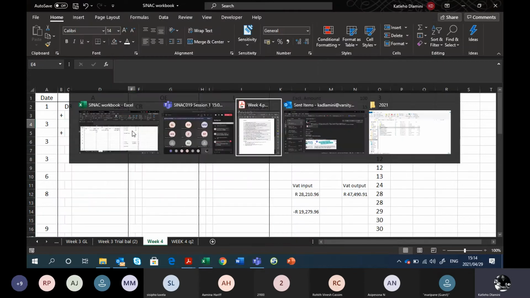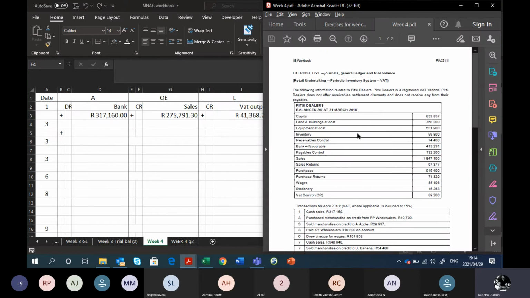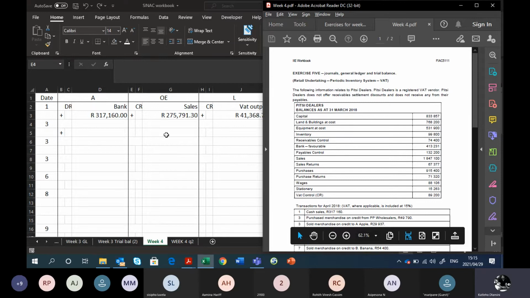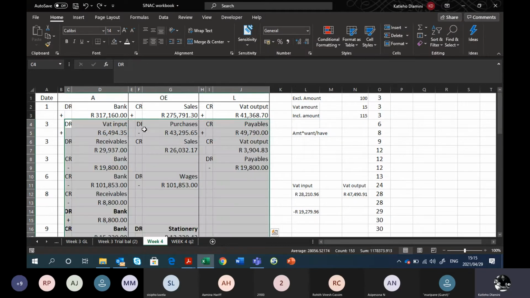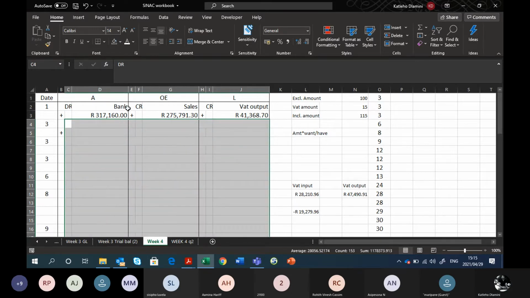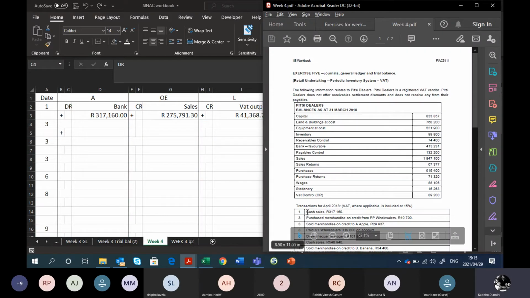In the meantime, we're just going to continue. So for some odd reason, I have balances here. On the first, we have cash sales of 317,160 rand.